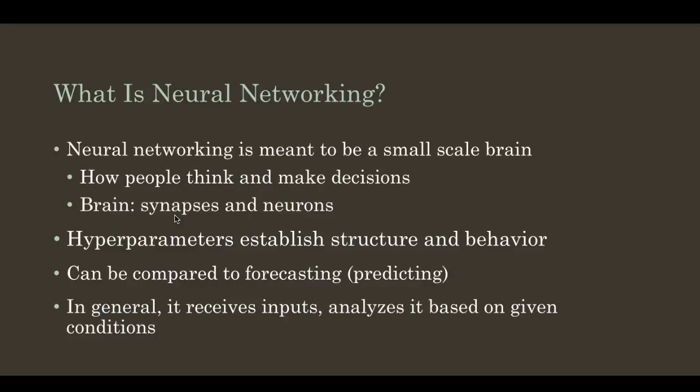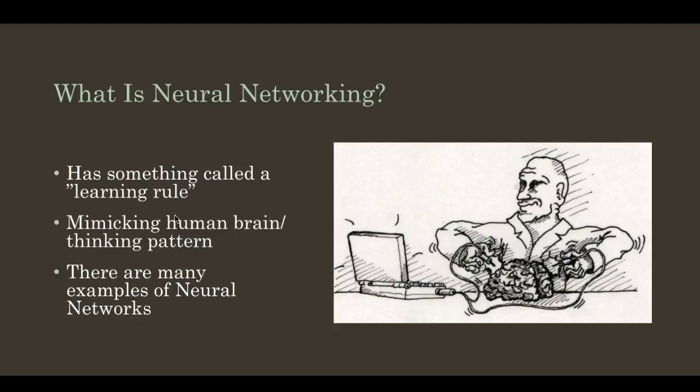The hyperparameters establish the structure and behavior of the system, and it can also be compared to forecasting. If you input different values for the particular questions of that system, it would output what it predicts would be correct. In general, it's receiving the inputs, analyzing them with the given conditions, and outputting the best result.